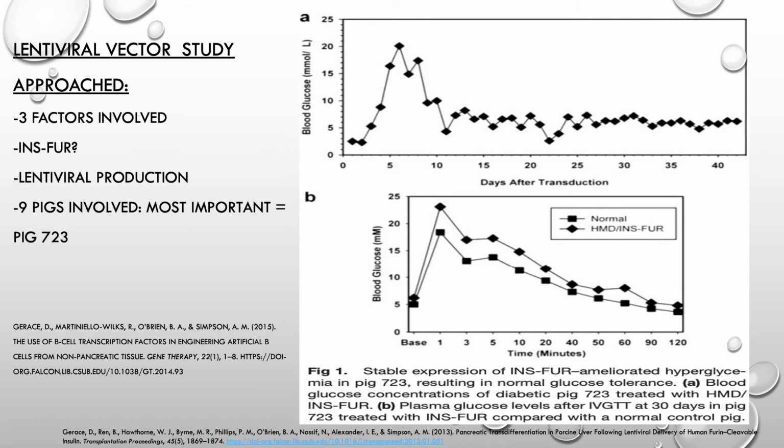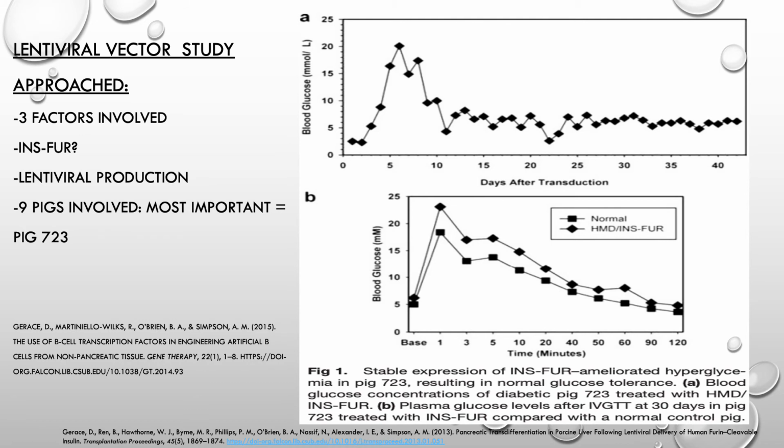So they only used 9 pigs. When I saw this study, 9 pigs, and out of the 9, they really focused on just one. And I put pig 723, which was the number of the pig that they really focused on.